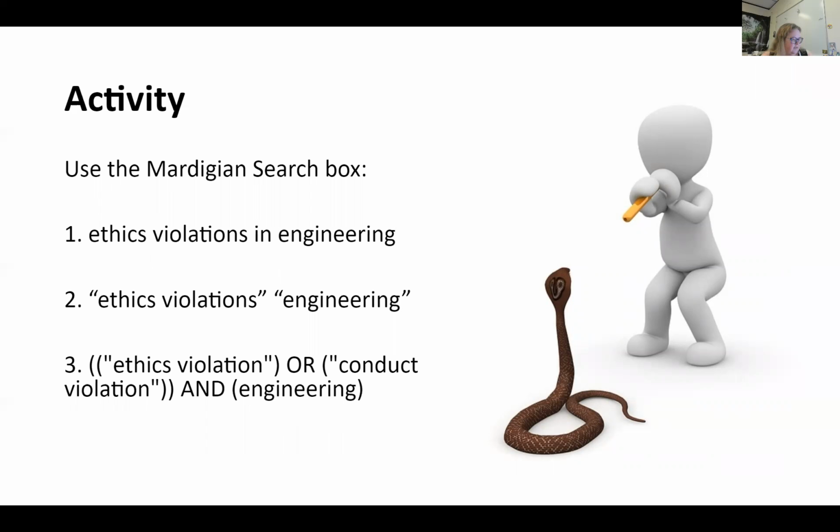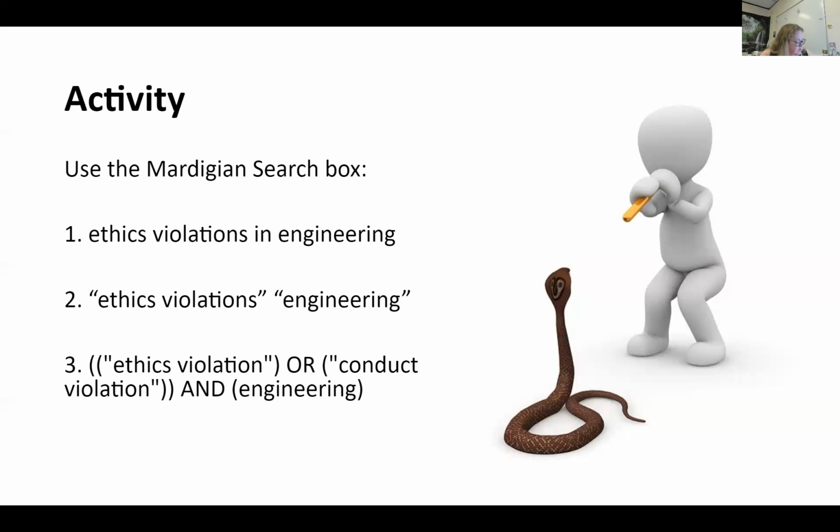And then finally try that last one where you type in two open parentheses and then the open quotes, ethics violation, close quotes, close parenthesis, capital OR, just as you see it on your screen there, so that we can talk about the differences between the results you'll get from each of those searches.